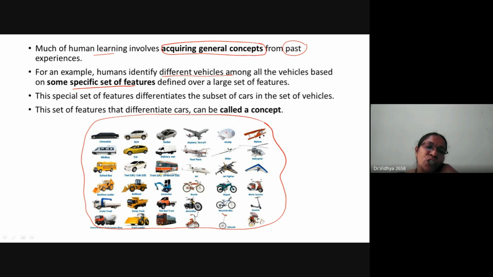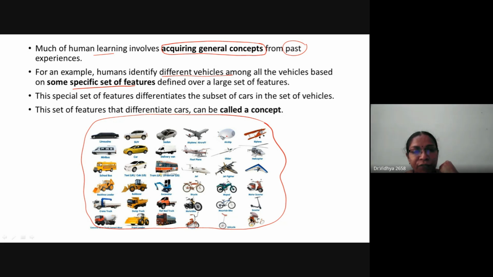So we can differentiate cars from other vehicles. Likewise, we are able to differentiate the car from other vehicles with our knowledge gained from previous experiences. This is the idea behind this.